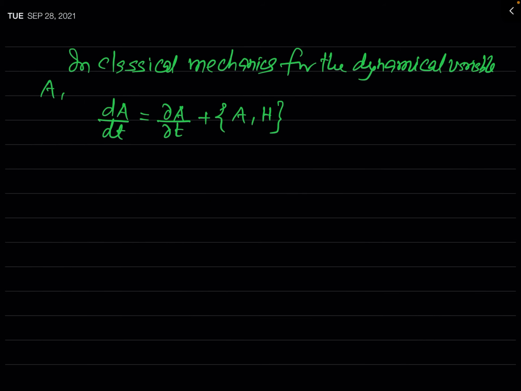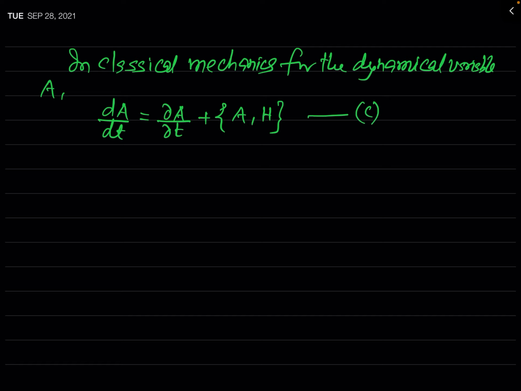And let us say this is your equation C. So you can see comparing equation B and C that both are identical. So we can say that comparing equation B and C, we find that the expectation values of the operators obey the same equation of motion in quantum mechanics as the dynamical variables in classical mechanics.